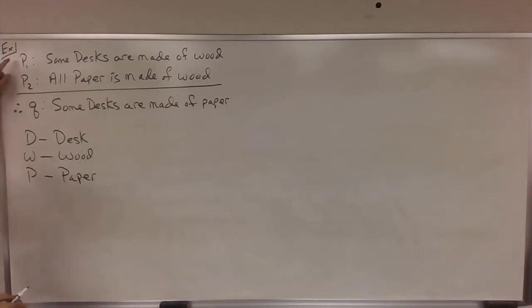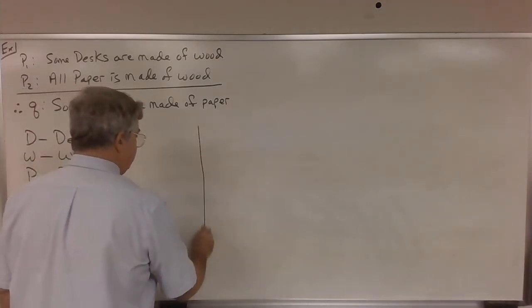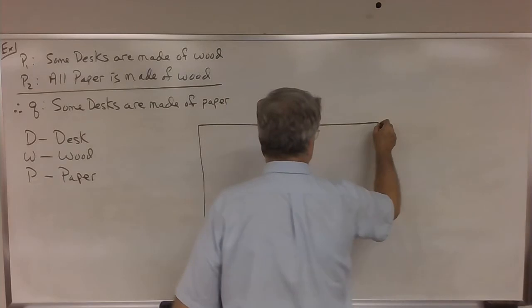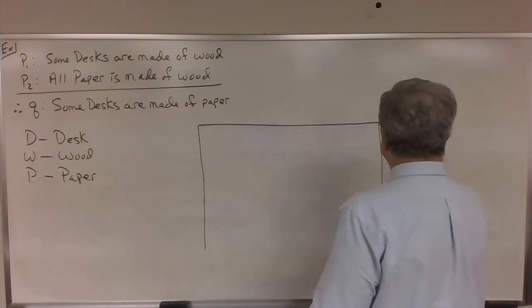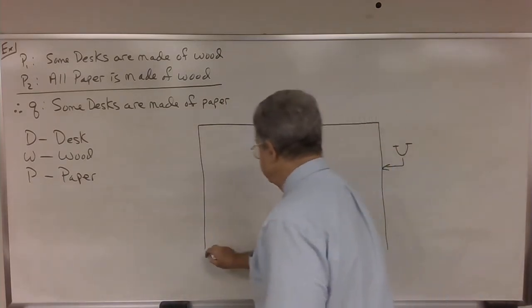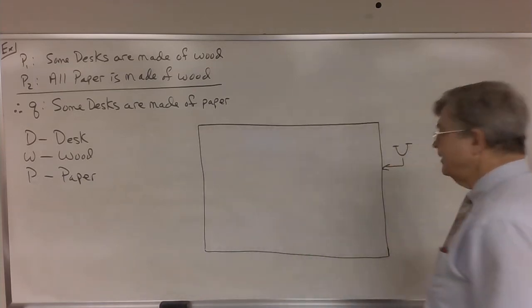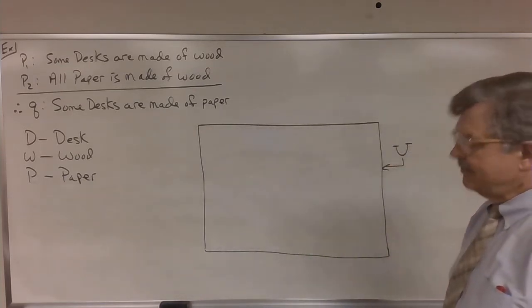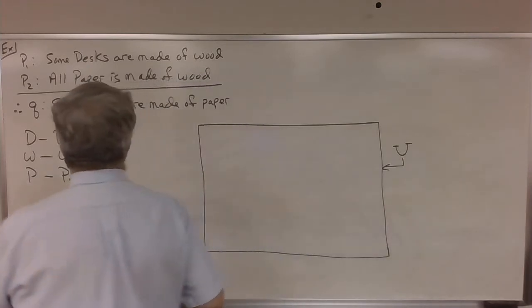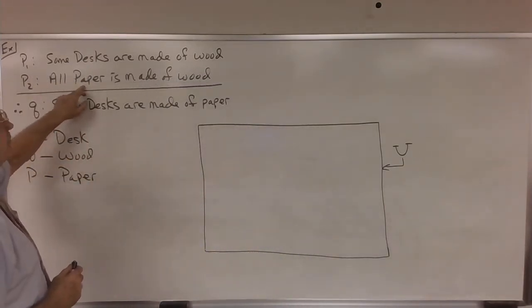And we want P1 and P2 to be true. And yet we also want the conclusion to be false if possible. But we definitely will draw the premises so that they're true. Here's our Euler diagram. This is our universe. Now, all paper is made of wood.